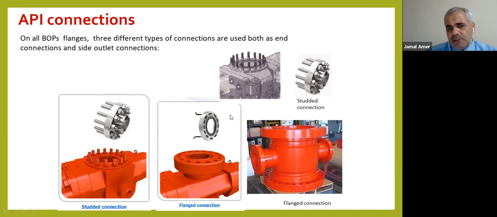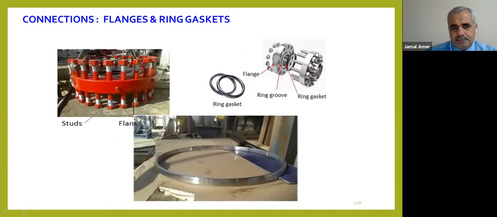The clamped connection is more commonly seen in BOP, as we see here. This is a gasket. These 2 flanges here, in between, we should put a gasket. As I said, this gasket should be used only one time, because here we have an elastic part. If we use it, it will seal.